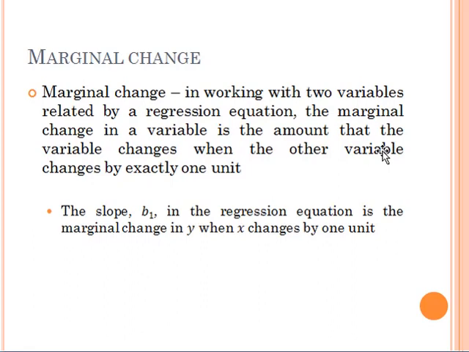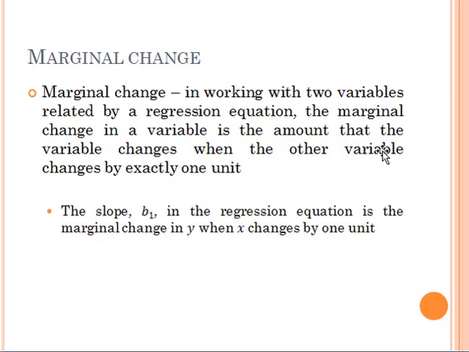Okay, now let's have a quick discussion about the marginal change. The marginal change, when working with two variables related by a regression equation, is the amount that a variable changes when the other variable changes by exactly 1 unit. So this is a direct relationship between two variables, where one variable depends on the other.